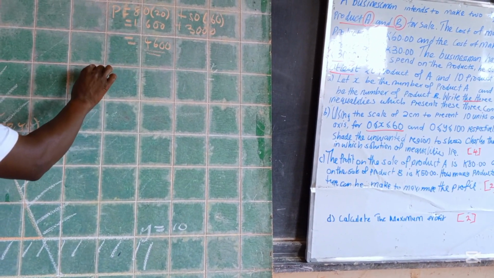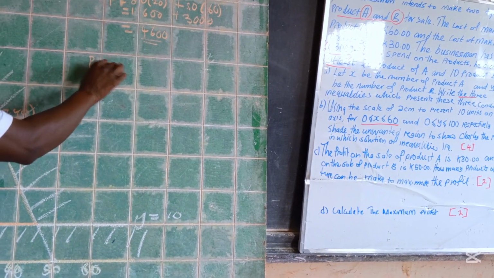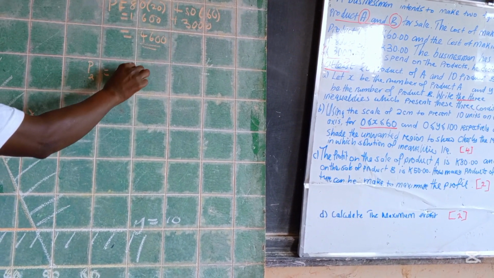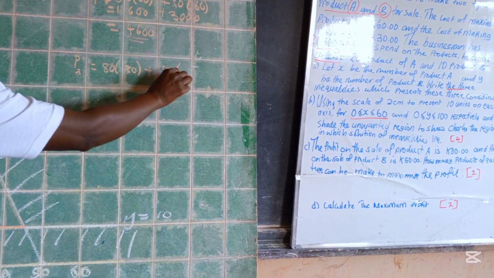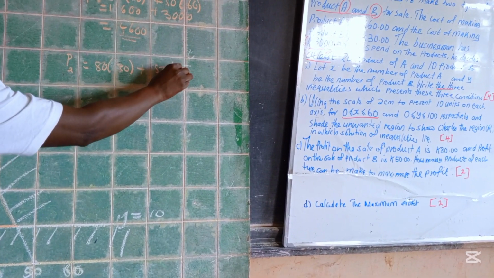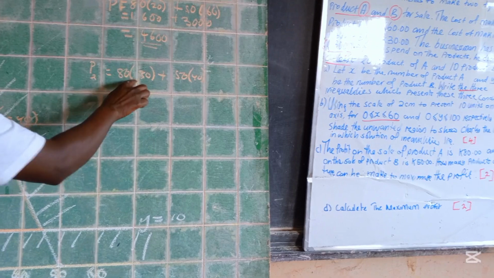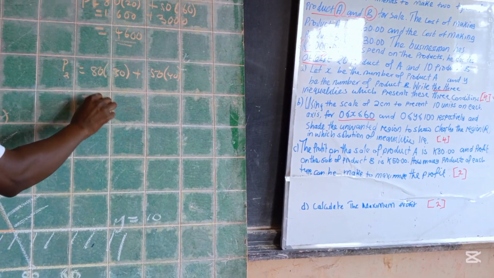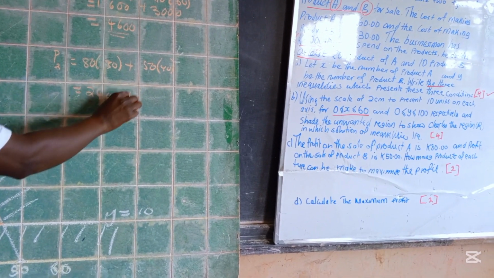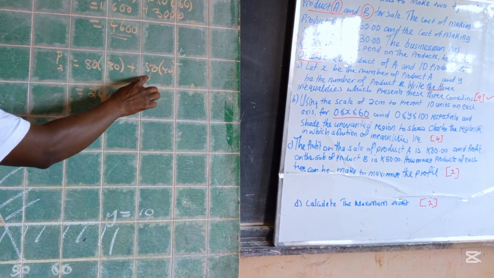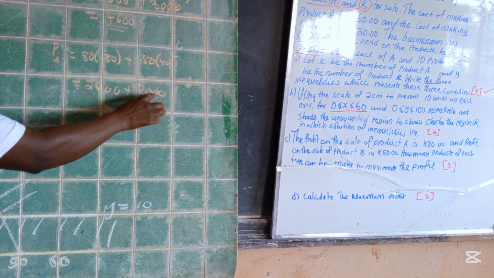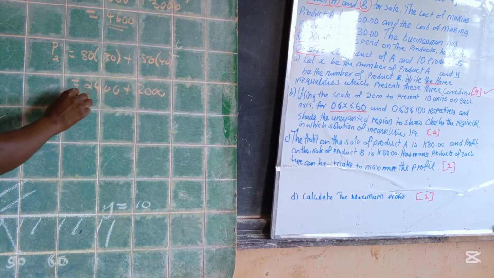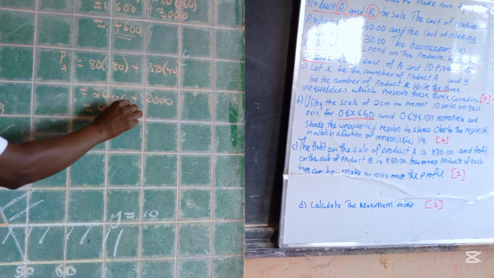Now let's go for the second one. I just want to compare for the sake of learning. 80 times 30, then plus 50 times 40. You agree with me that what I'm going to have here is 2,400 plus 2,000, and the answer is 4,400.